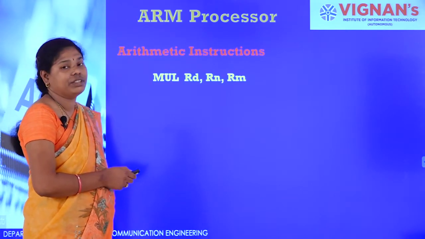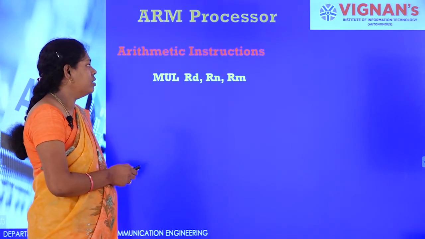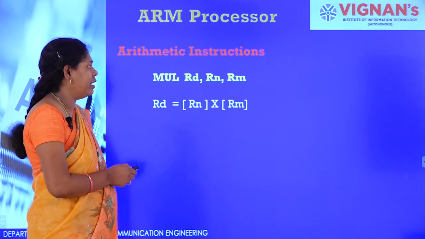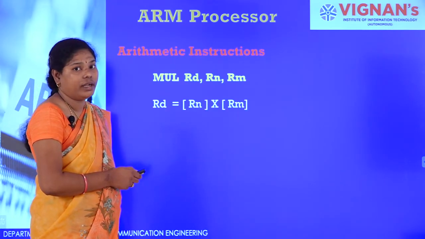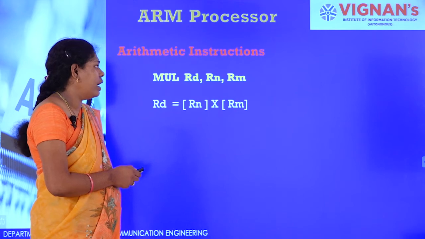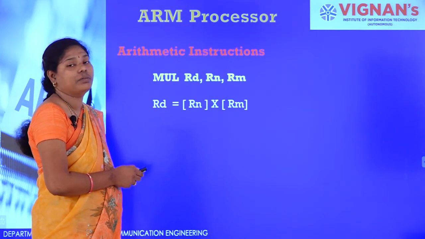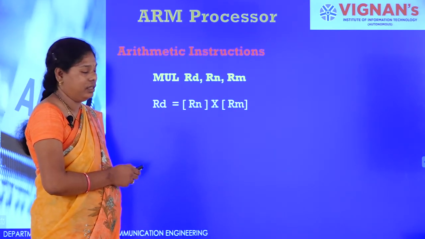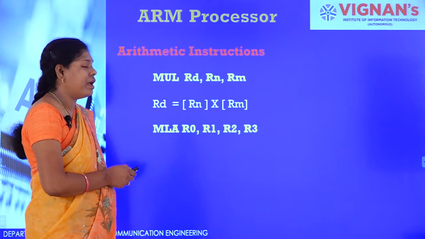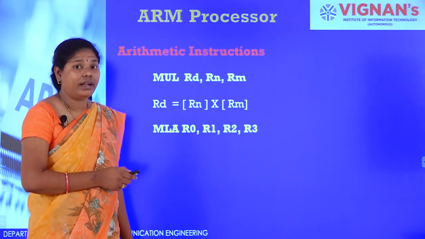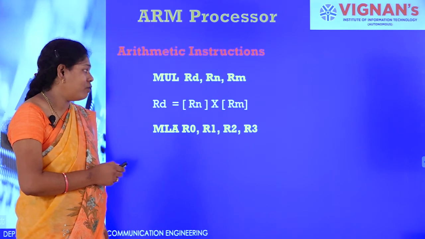Next thing is multiplication. Okay, here RD is the destination, Rn and Rm are source 1 and source 2. Here Rn is multiplied with Rm and the product will be copied to Rd. The next is MLA, multiply and accumulate. Here we have 4 operands.